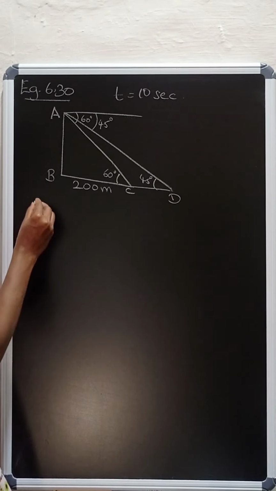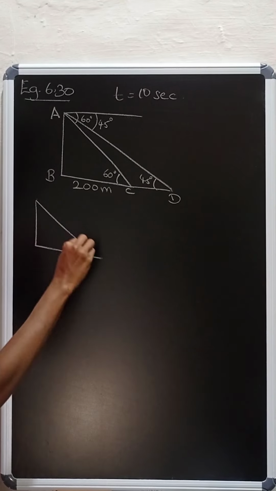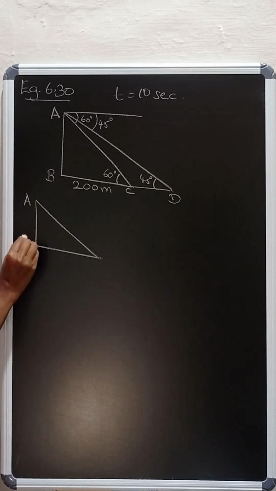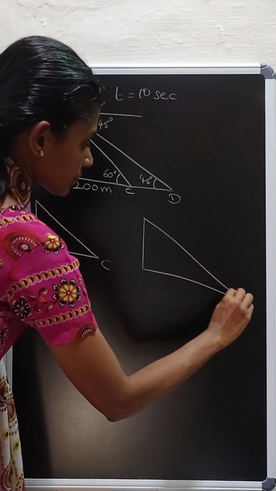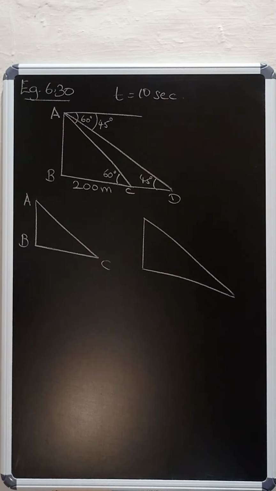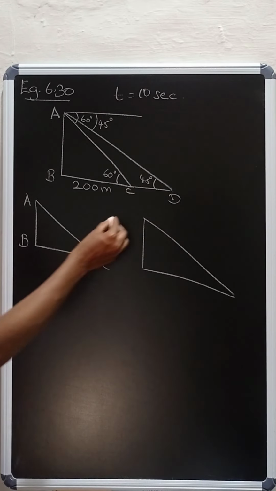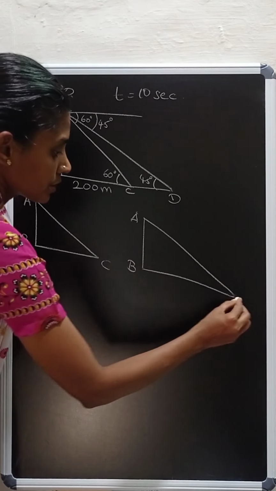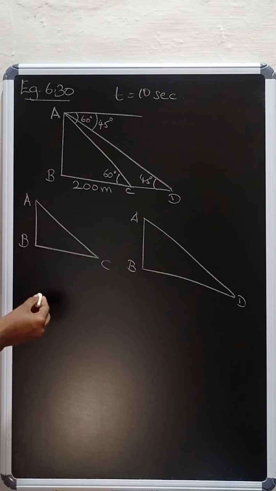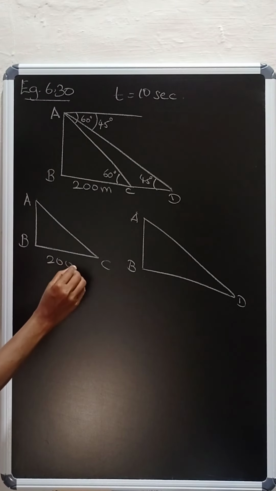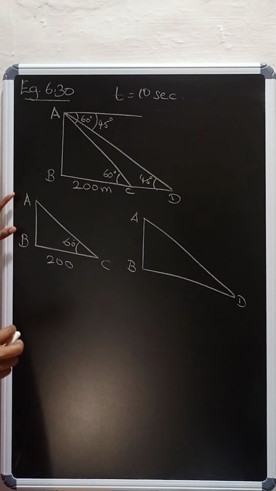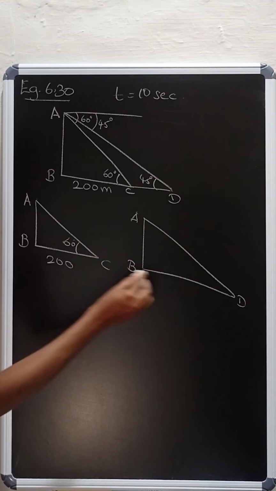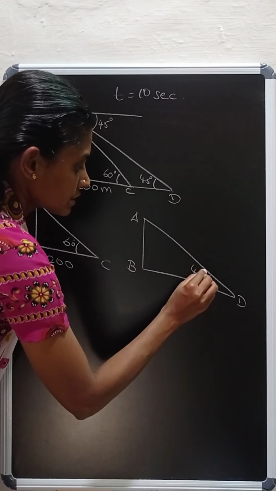Split this into two triangles, A, B, C and A, B, D. So this is 200. Here we have 60. So if we find the AB value, substitute here and find the BD value. This is 45 degrees.